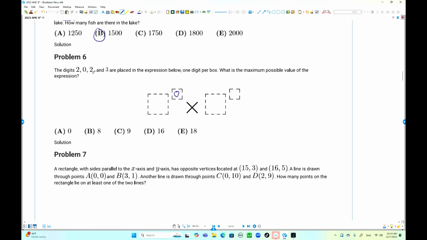We have the largest numbers 2 and 3. 2 to the third power is 8. 3 to the second power is 9. All right, that is better, right? The smallest number, the other one is 2 over here, right? So this one equals 1 times 9, which equals 9, okay? That's the answer.